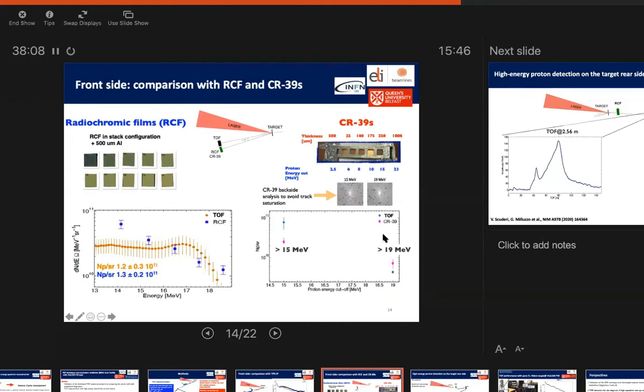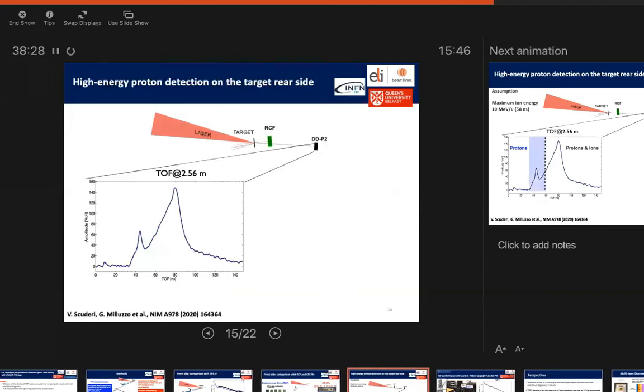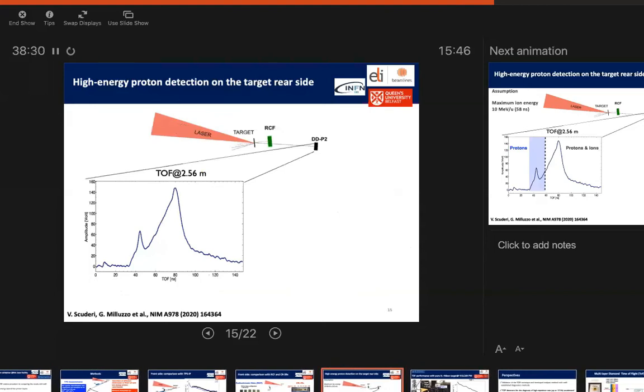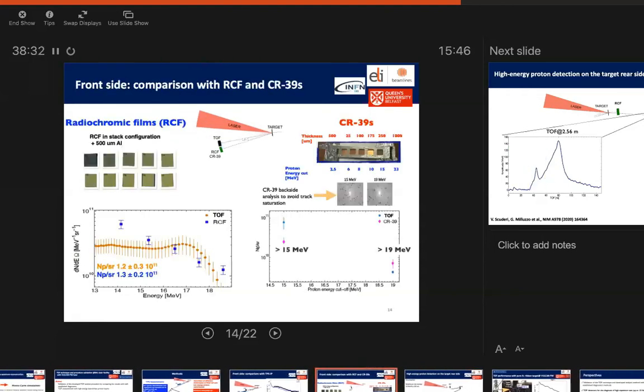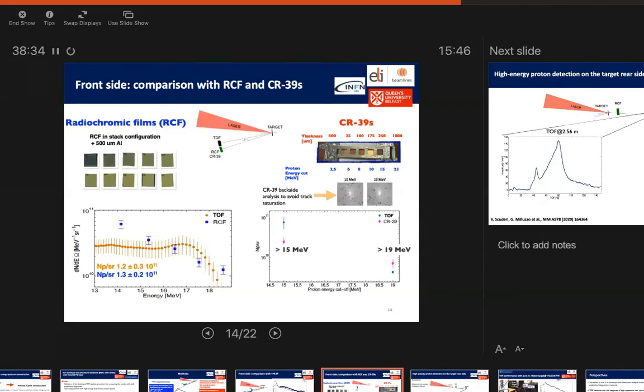Use a system like the one we used at Pulse. I don't remember why we had this very long CR39 stripe. It was a stripe. It was at the beginning. Yes, Rosanna did.